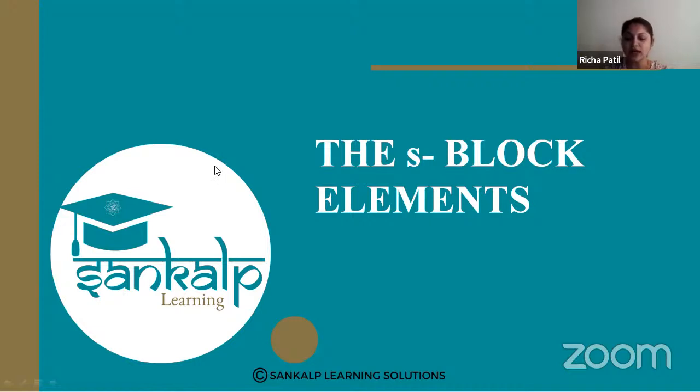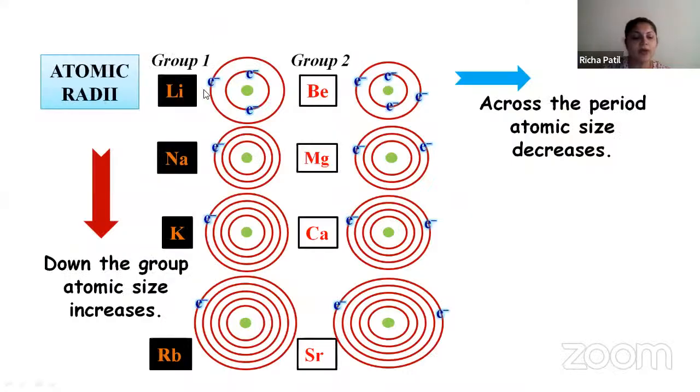Which are the metals present in group 1? The group 1 alkali metals are lithium, sodium, potassium, rubidium, cesium, francium. Which are the elements present in group 2?